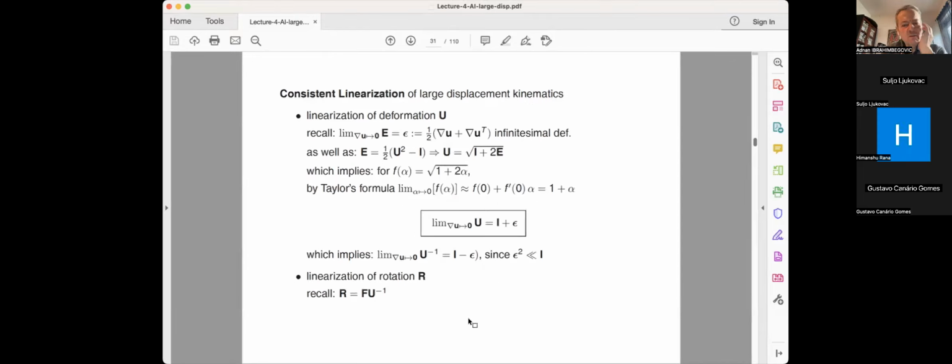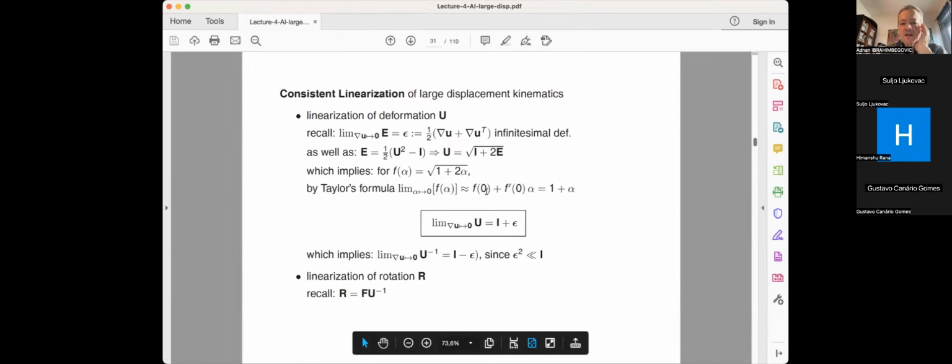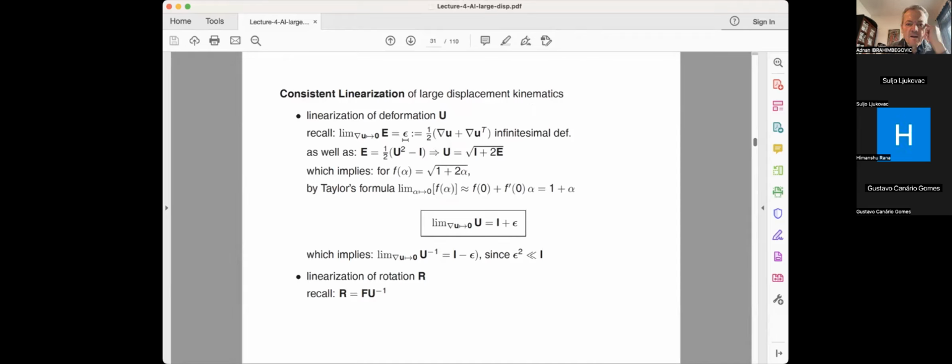But if linearization was the only reason why people use it, you can linearize many other strain measures. So if I want to linearize the right stretch tensor, I can write that the linearization of E is equal to epsilon, which is equal to 1/2 (nabla U plus nabla U transpose).